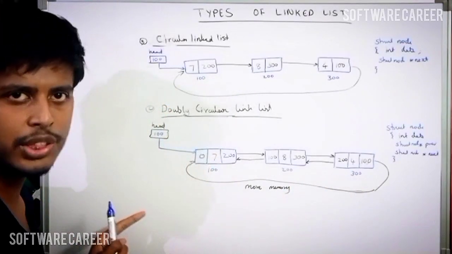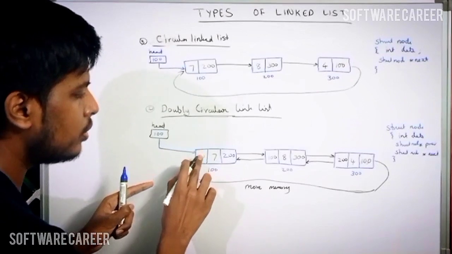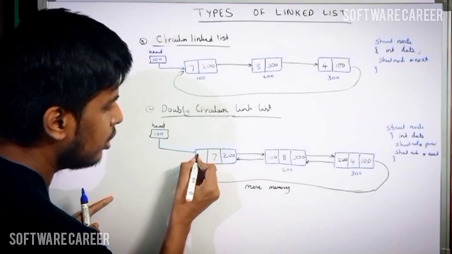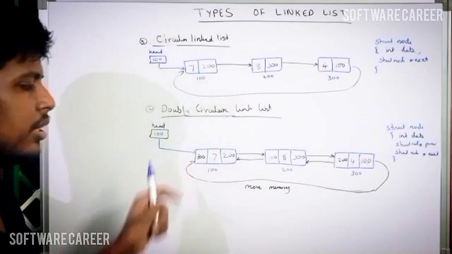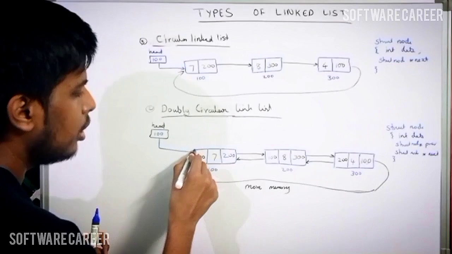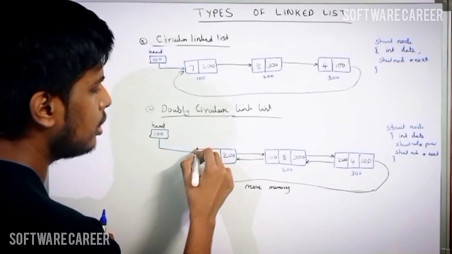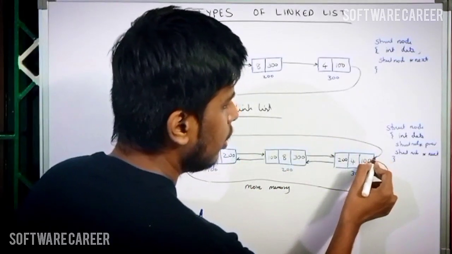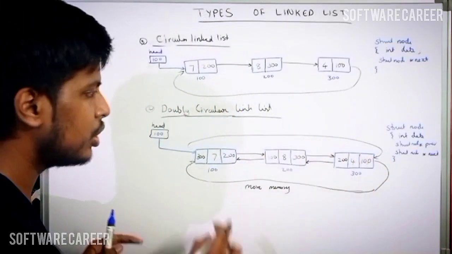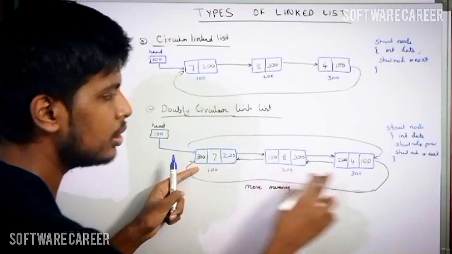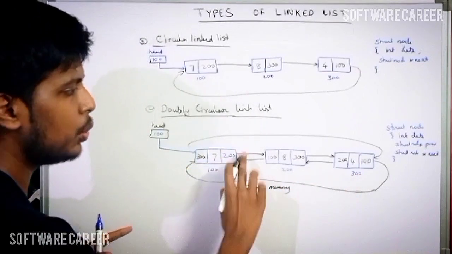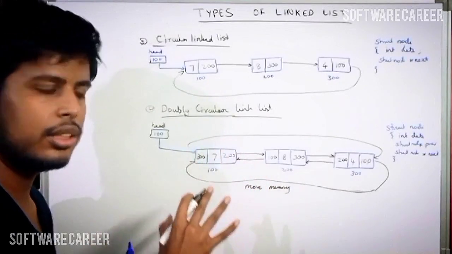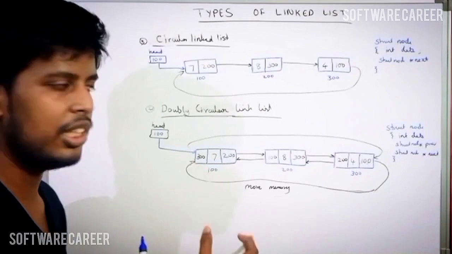So instead of 0, I should mark the address of the last node, 300. If I mark 300, it creates a backward link which points towards the previous node. Now the previous node of this first node is the last node. So I have created a doubly circular linked list. This is how you should convert a doubly linked list into a circular doubly linked list.